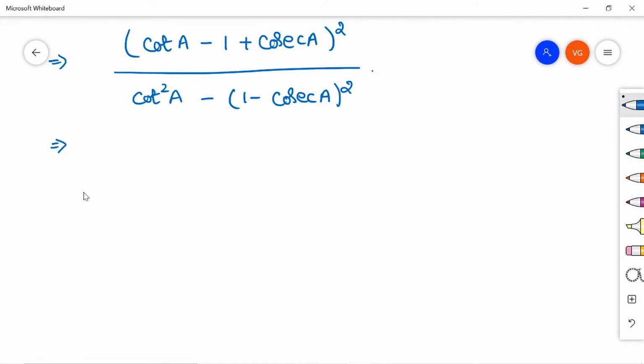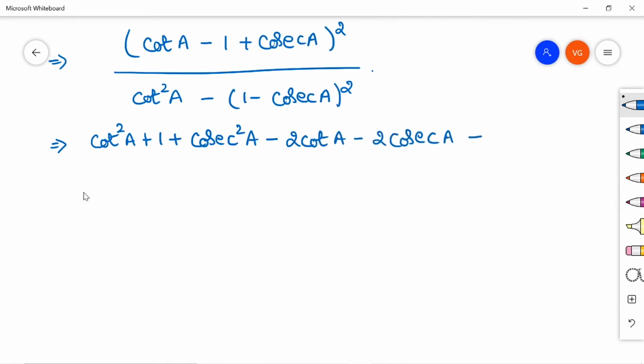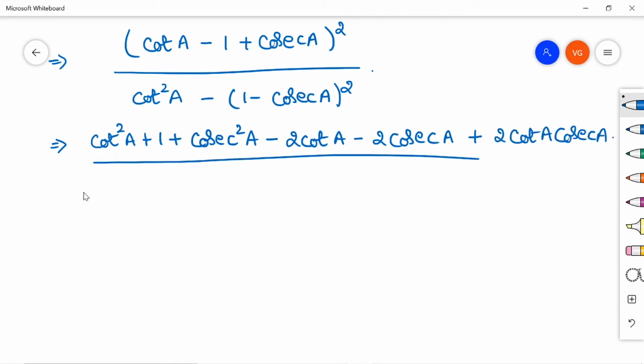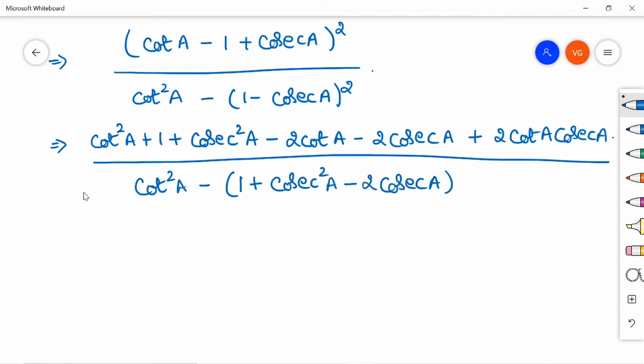The numerator is of the form (A minus B plus C) whole square, which I write as cot square A plus 1 plus cosecant square A minus 2AB, minus 2 cot A, minus 2BC, 2 cosecant A, plus 2AC, 2 cot A cosecant A. Divided by cot square A minus 1 minus cosecant square A. I am writing it as 1 plus cosecant square A minus 2 cosecant A, having just expanded (1 minus cosecant A) whole square.